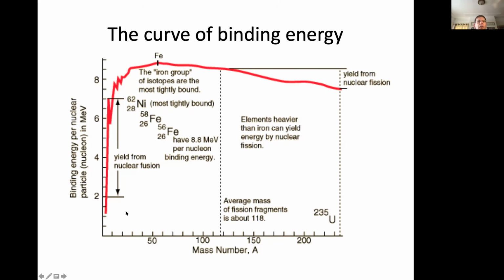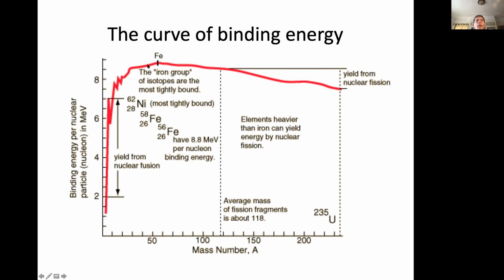For very light nuclei, the binding energy per nucleon in MeV goes up very sharply and plateaus. There's a high plateau, about 8.5 MeV per nucleon in the iron group. In fact, iron has a very special role in the universe, as you see a lot of things in the iron group. But nuclei heavier than this are indeed bound, though the binding slowly trails off like this.